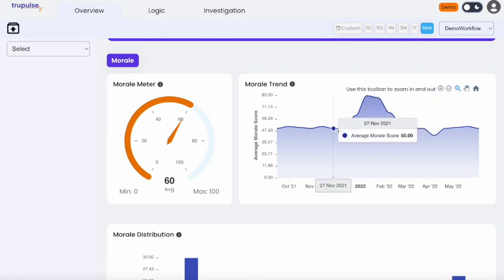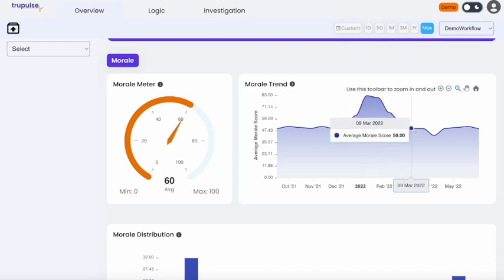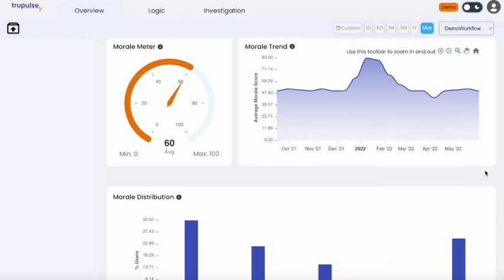Because though morale may have an immediate indication of where it's at today, it becomes more and more valuable as you look at it as it's performed over the course of history. Understanding a baseline and how the organization is deviating or maintaining that baseline over the course of the measurement time period. As you start to see spikes or dips, maybe that's a time to look into possible interventions.